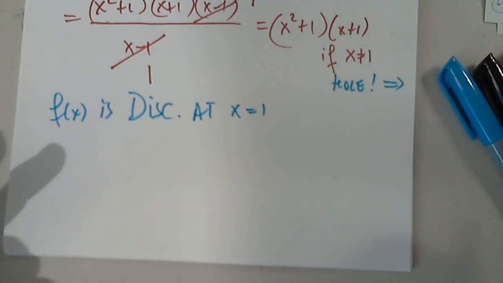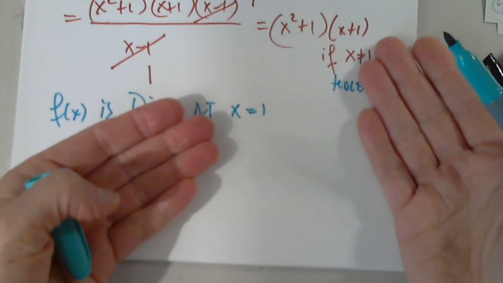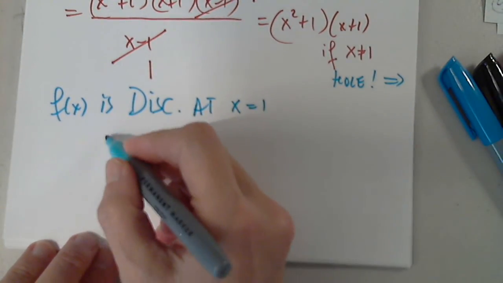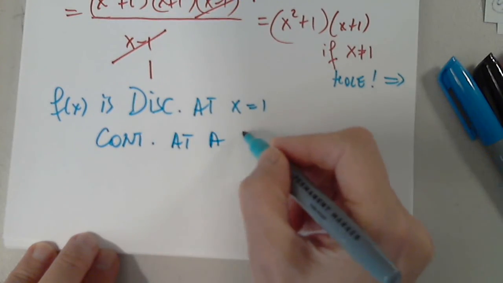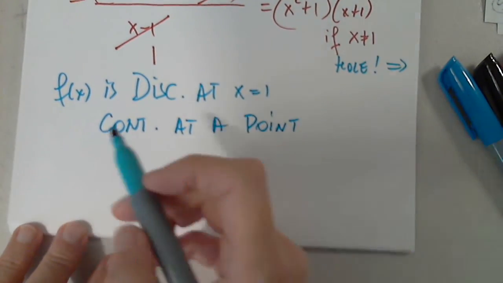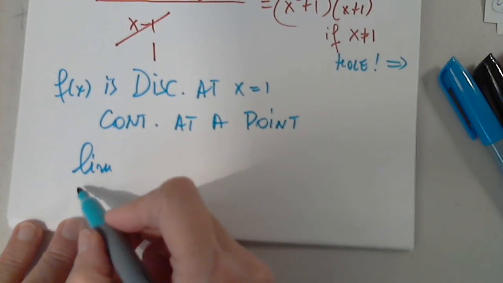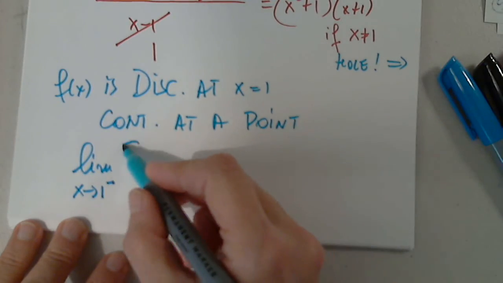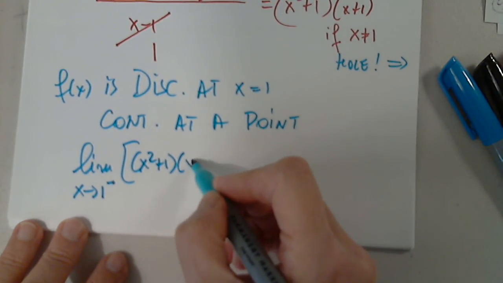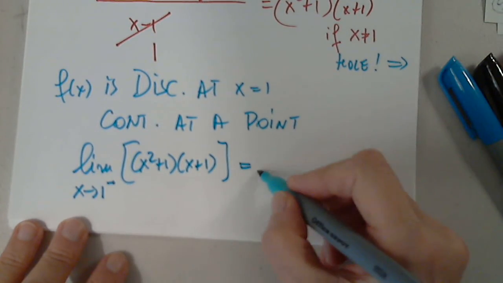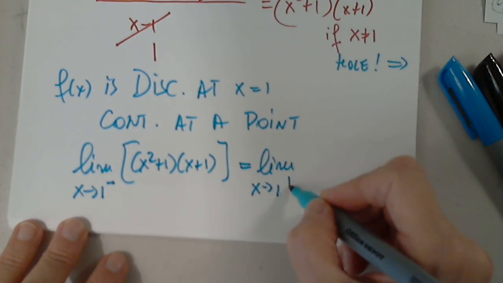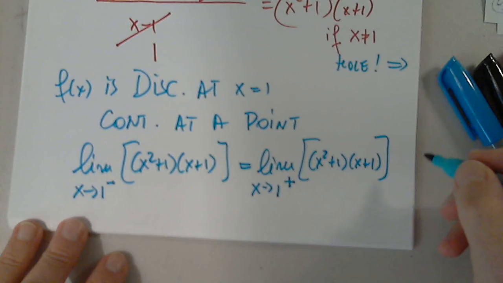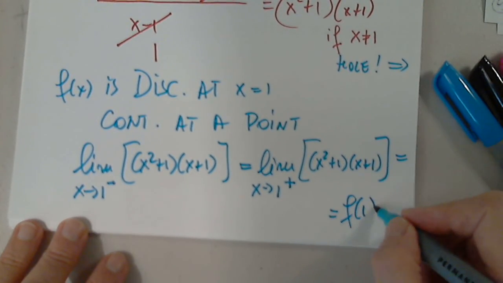Knowing that, why do I know that? I mean, the limit from the left and the limit from the right would be the same, but it will not be equal to the function value. Let's write that just to refresh our memory. So continuity at a point. A function is continuous at a point. For this one, I'm going to write 1. The limit as x approaches 1 from the left of x squared plus 1 times x plus 1 equals the limit as x approaches 1 from the right of x squared plus 1 times x plus 1 equals f of 1.